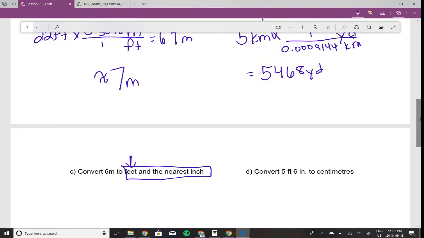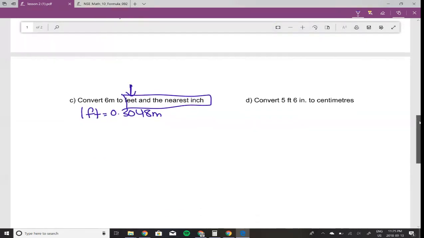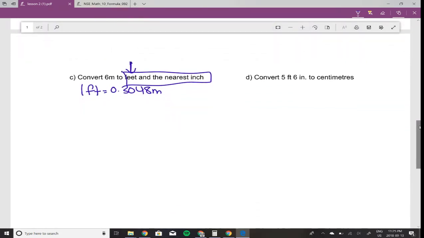We can say 1 foot is equal to 0.3048 meters. Once you figure that out once, you shouldn't have to figure it out a bunch of times after that. So we have 6 meters times, we want to finish in feet, we want to get rid of meters. So it's 1 foot, 0.3048.